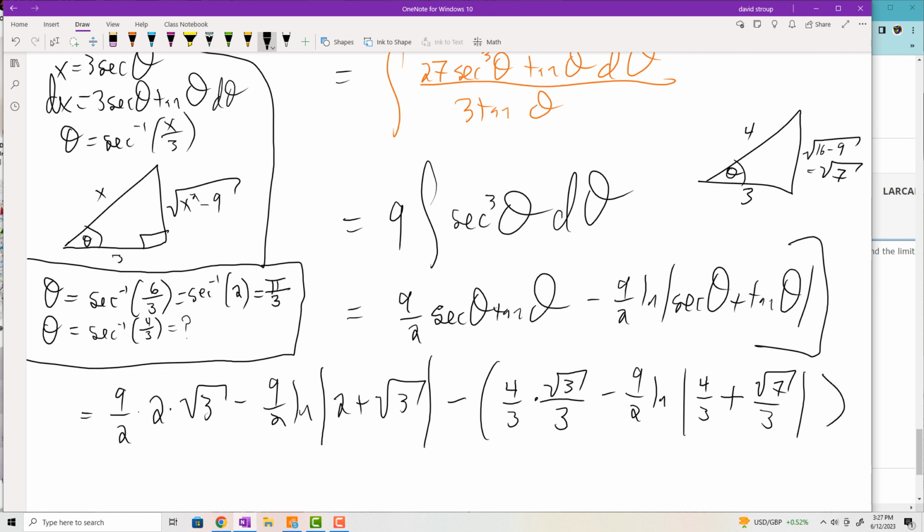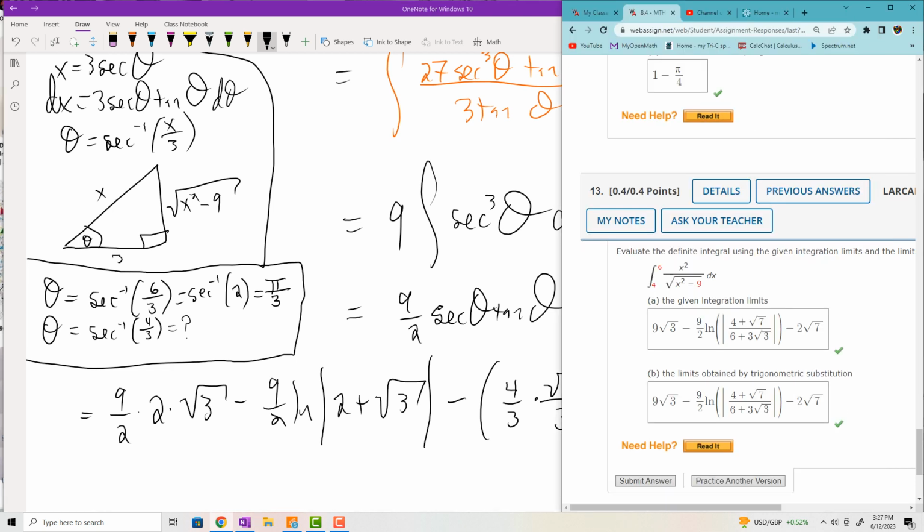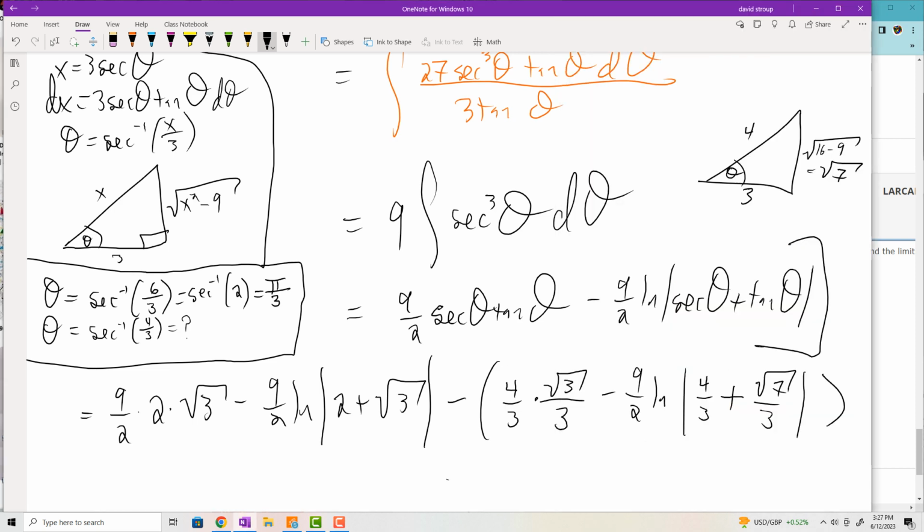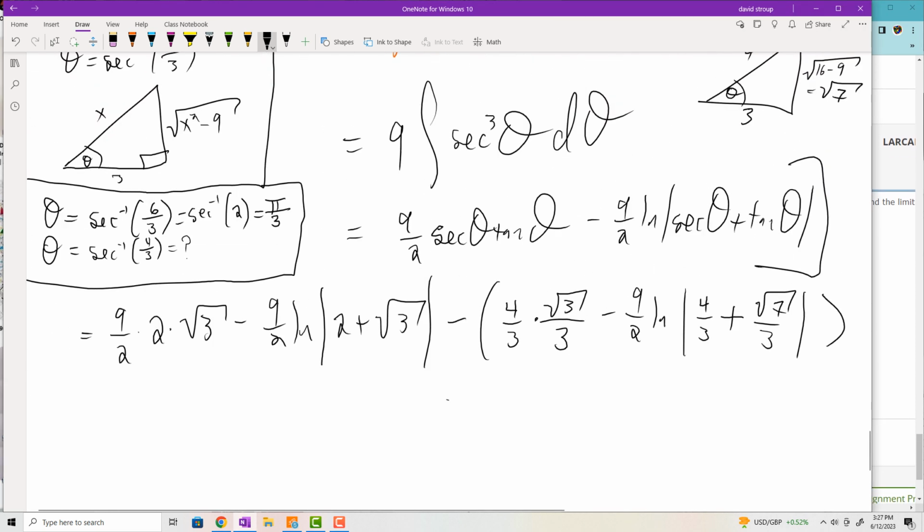Okay, so that nasty beeswax is kind of what you see, hopefully, in our final answer there. Let's clean it up a bit. So I have 9 root 3. I could combine these two terms using rules of logarithms.